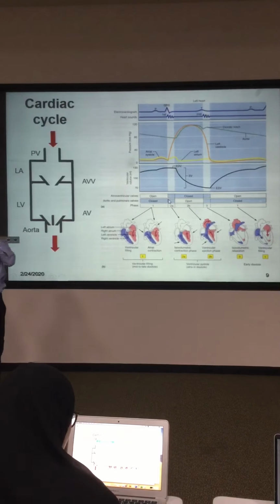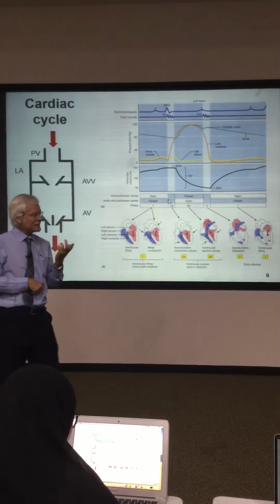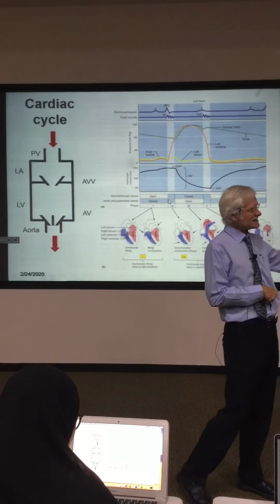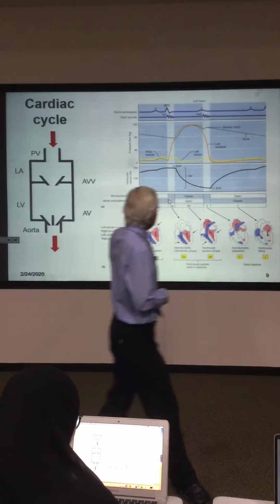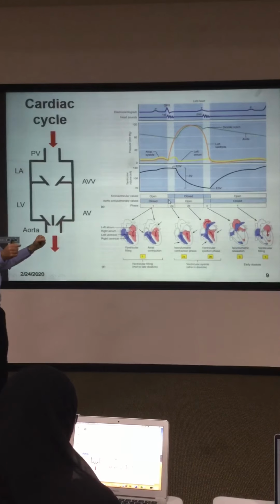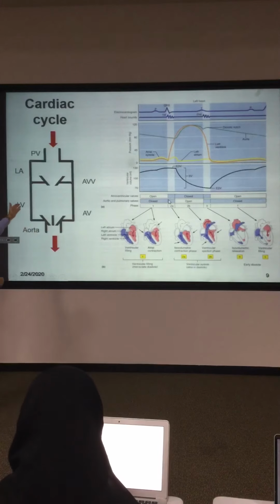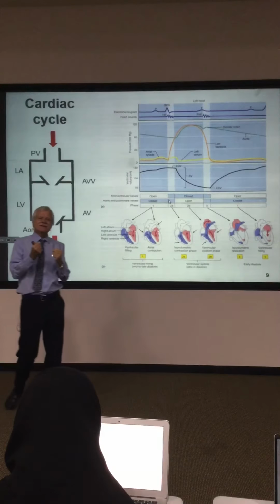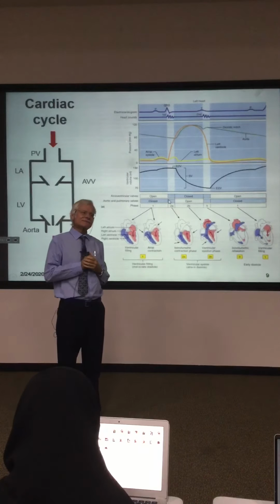To a large extent it moves by gravity, just like the tanks of water on the roof, feeding your water supply system by gravity. But then, when the atria give a bit of a contraction, more blood is moved from the left atrium to the left ventricle. And of course, if you get more atrial contraction, you're going to get more blood moved, aren't you?